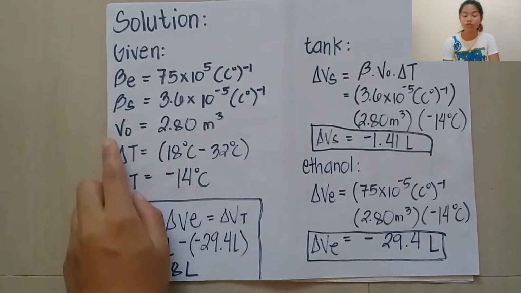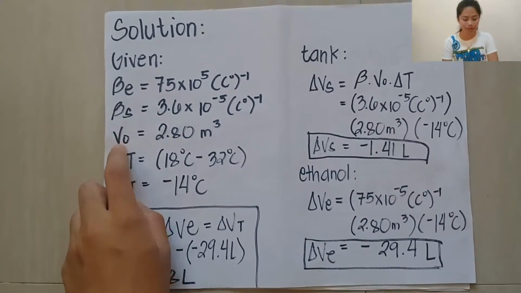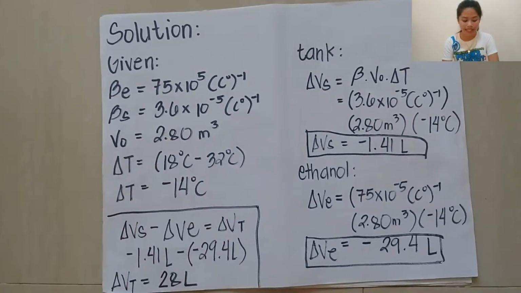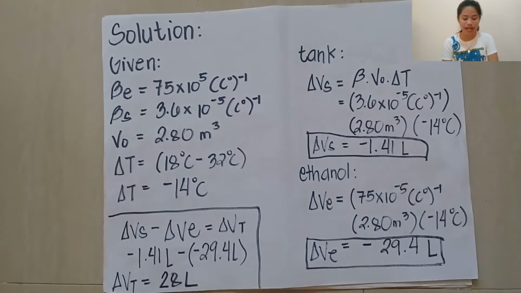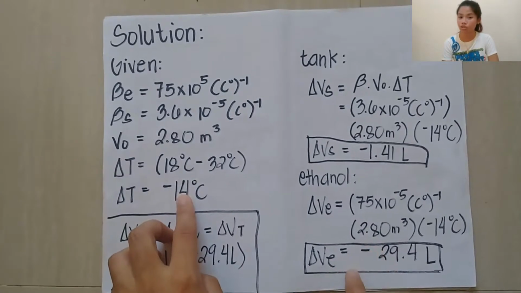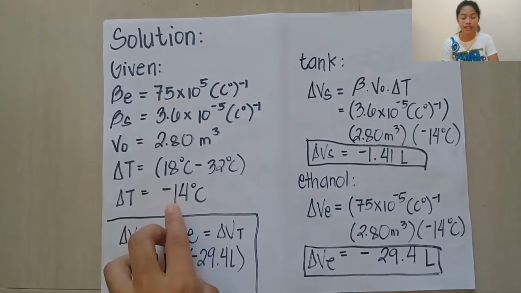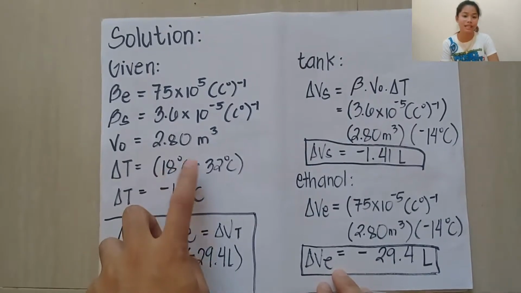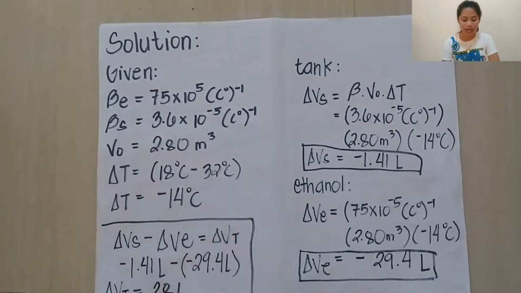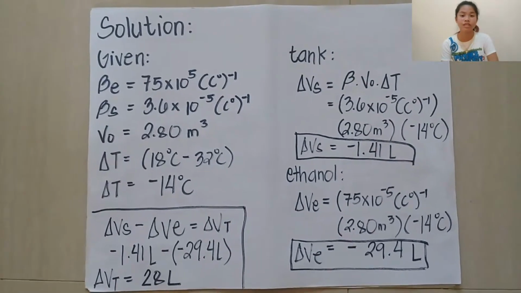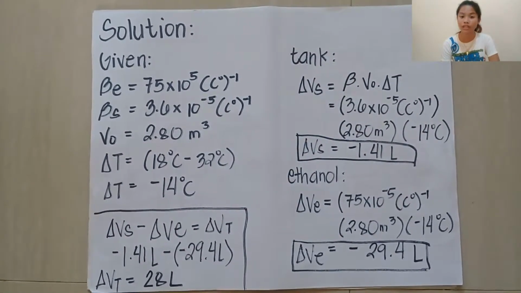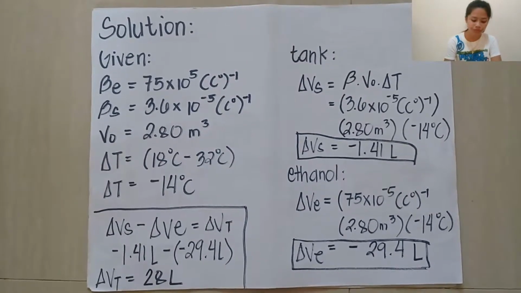And the original volume is 2.80 meter cube, and its delta T is equal to negative 14 degrees Celsius. Why negative? It is because its final temperature is lesser than its initial temperature.